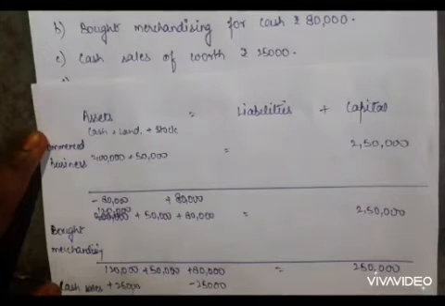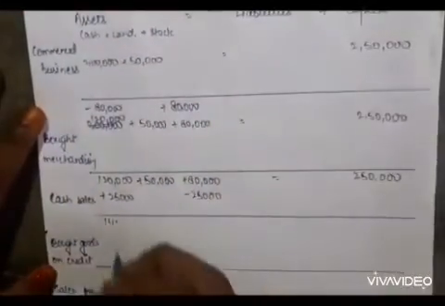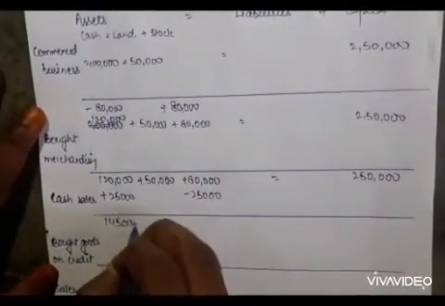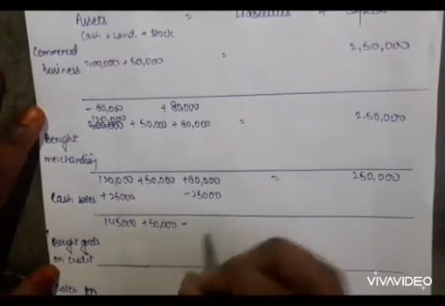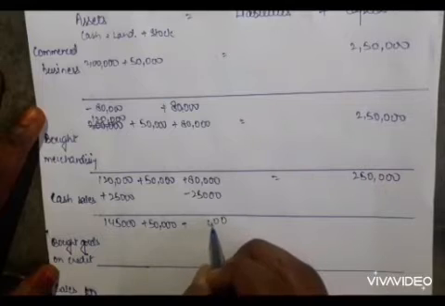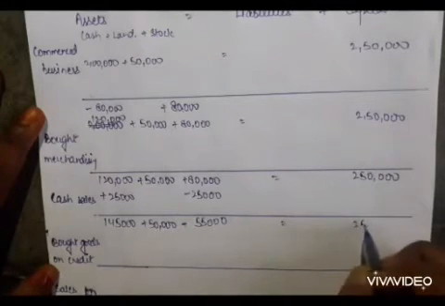Okay, so let's see what will happen. The new equation that we get is 1,45,000 plus 50,000 plus 55,000, and this would be equal to 2,50,000.